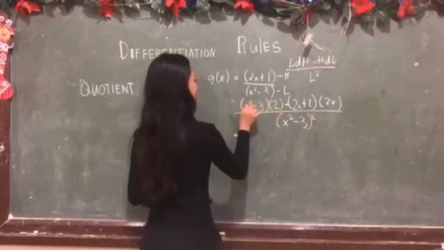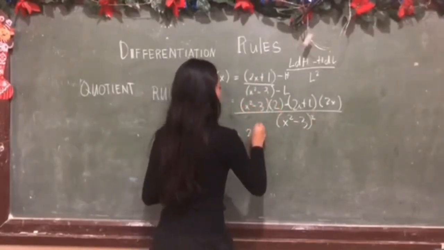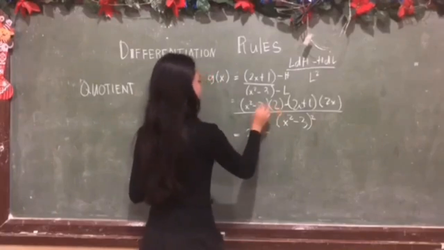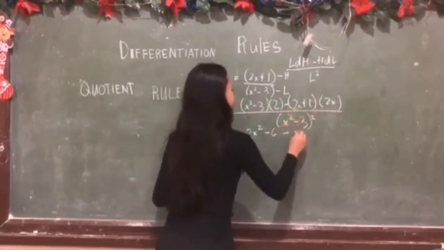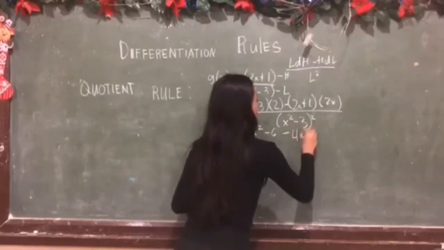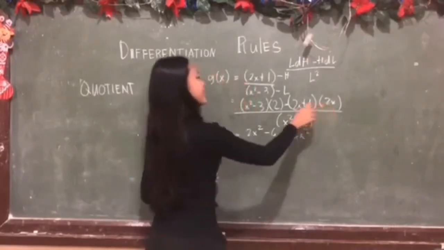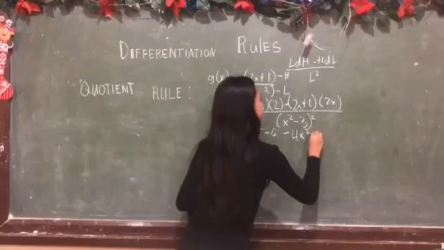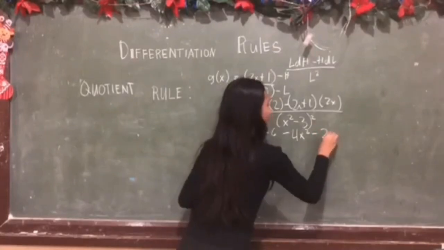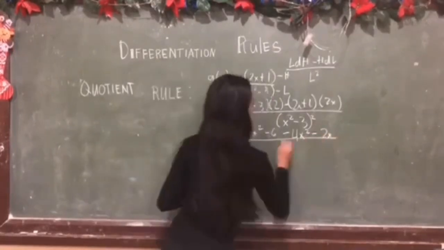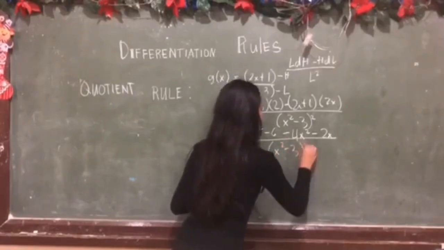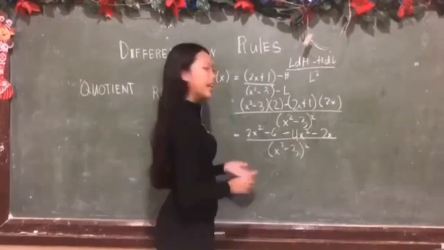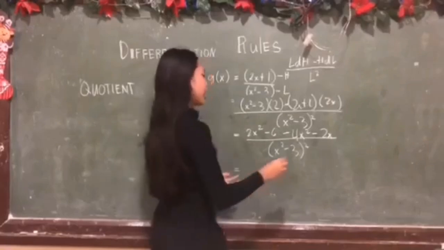2 times x squared is 2x squared. 2 times 3, 6, minus 2x times 2x, 4x squared. 2x times 1, negative 2x, over the low, x squared minus 3, squared. Now let's combine the like terms.